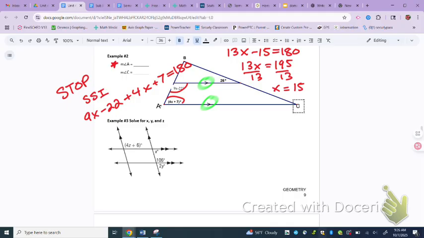Once I got x is 15, I'm going to plug that in for the expression for A. 4 times 15 plus 7. So that means the measure of angle A is 67 degrees. Now we're going to go find the measure of angle C right here.